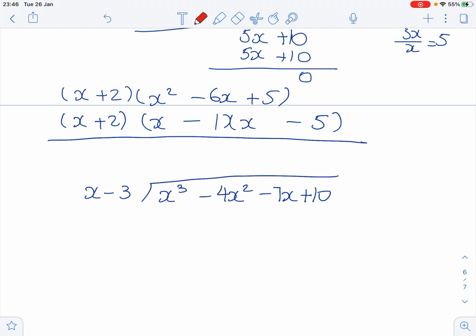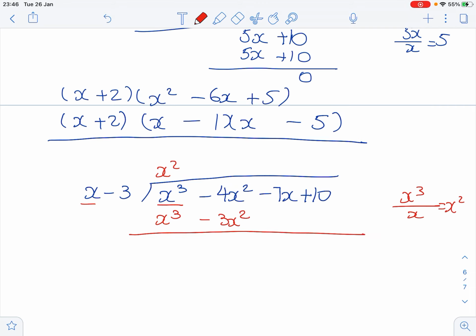So again, x cubed divided by x is x squared. So x squared multiplied by x is x cubed. x squared multiplied by minus 3 is minus 3x squared.